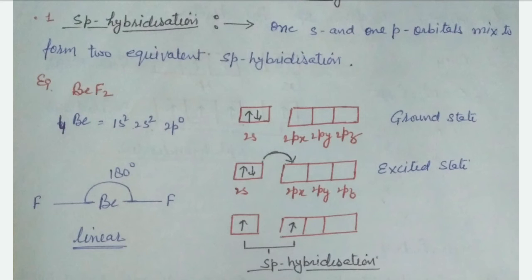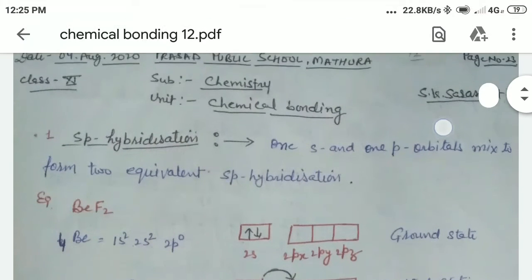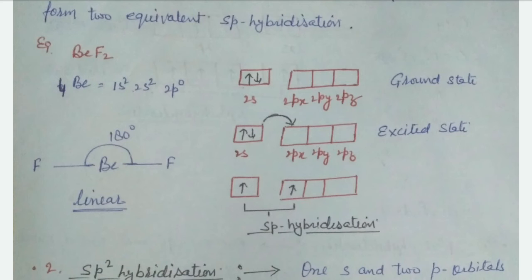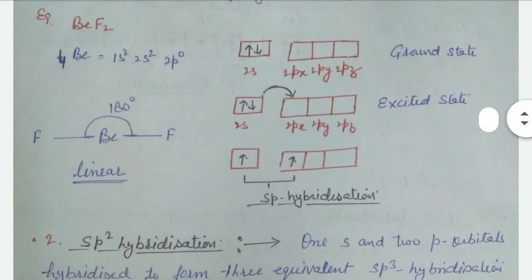It means the p orbital is present but vacant. In the excited state, one electron jumps to the p orbital and forms sp hybridization with a linear shape. Here, one s and one p is called sp hybridization.